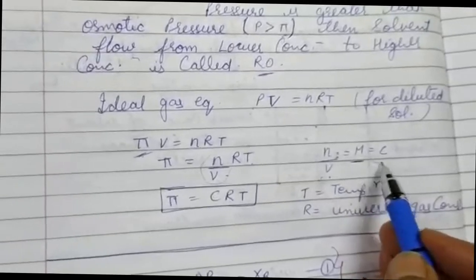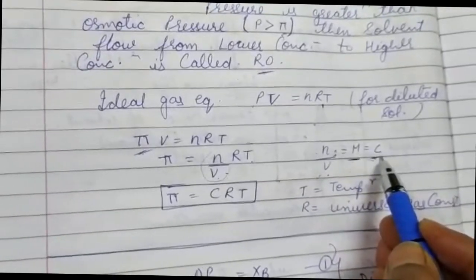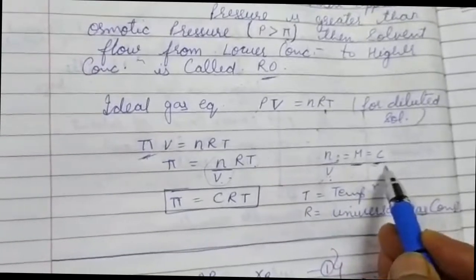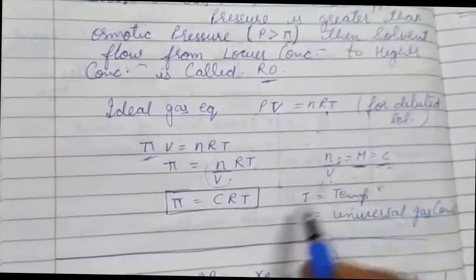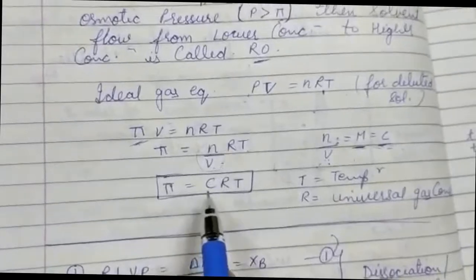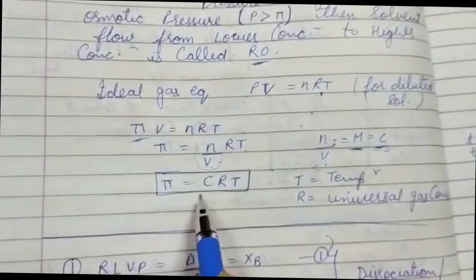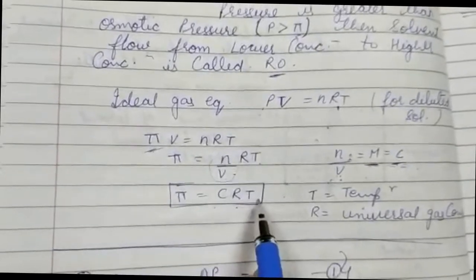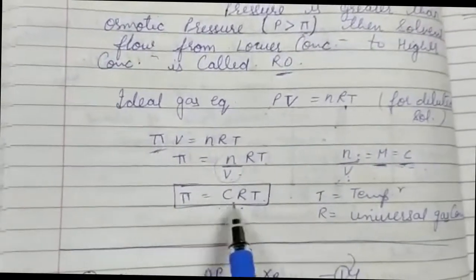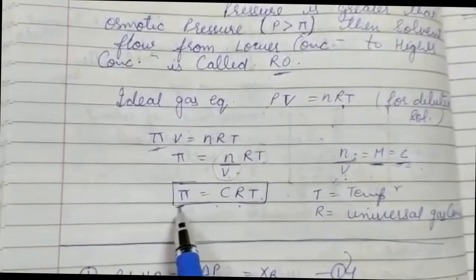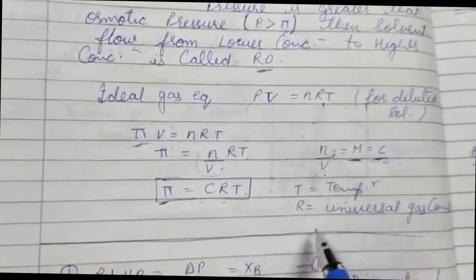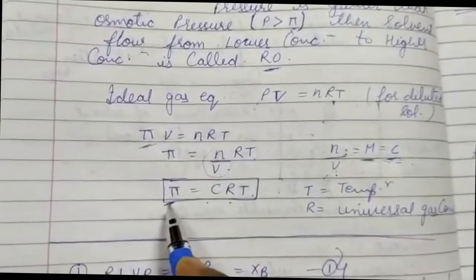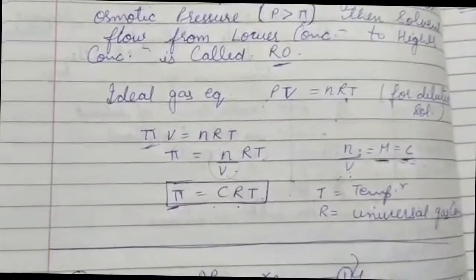Molarity is a concentration term, so instead of n by V we can write M or C. So pi equals CRT, where C is the molar concentration, R is the universal gas constant, and T is the temperature. Pi is the osmotic pressure. In this way, we can find out the osmotic pressure.